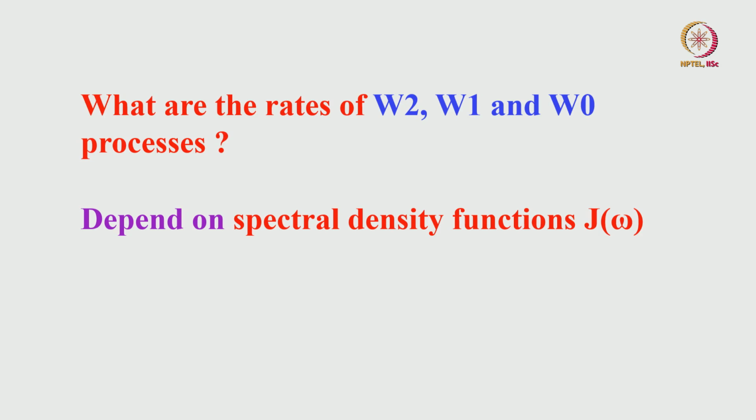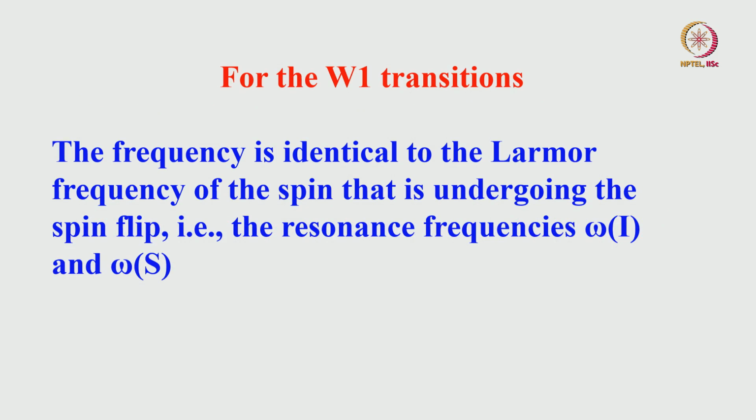That depends upon another function called the spectral density function, given by J of omega. And what is that for the case of W1? This spectral density function, J of W1, is identical to the Larmor frequency of the spin that is undergoing flipping.